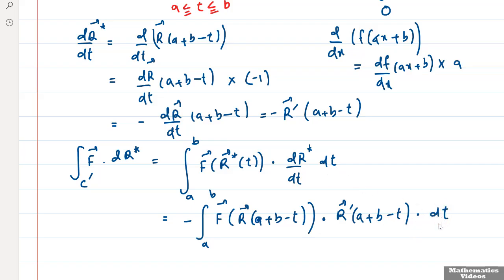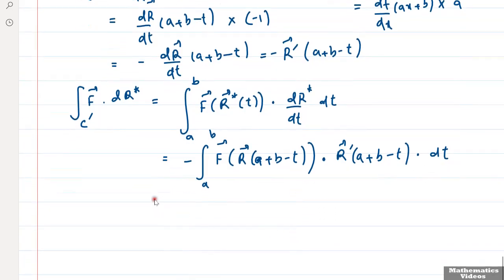Now to avoid confusion in the next steps, I will replace t with u. Note that t is the variable of integration, which is the dummy variable. So therefore t can be replaced with some other variable. So I will put in place of t the variable u. Since we are only putting t equal to u, the limits of integration will not change.